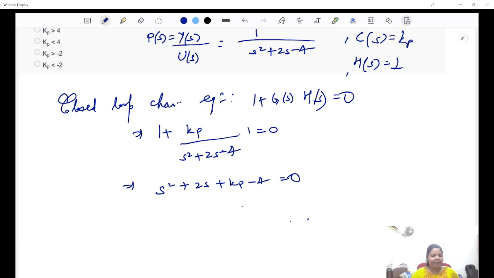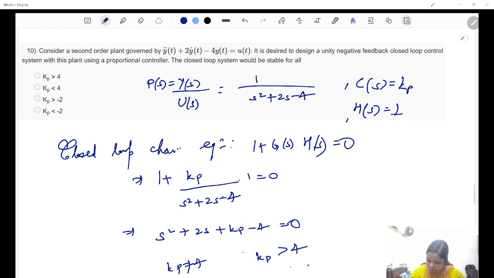Yes, that is satisfied. For that we need to have Kp not equal to 4 definitely. The other condition that we need to satisfy for the second order system is all of the coefficients should be positive. That means Kp should be greater than 4. So your first option is correct.